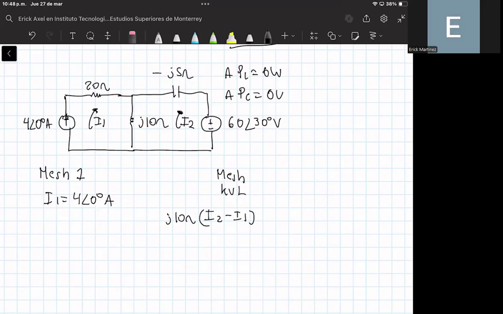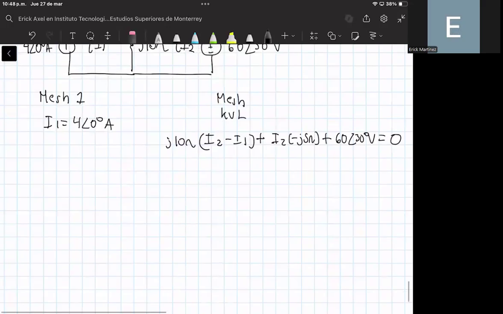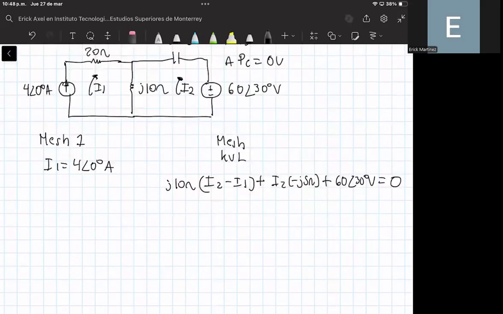Remember that the current that flows through this inductor is equal to the difference in currents between mesh number 2 and mesh number 1, plus I2 times the value of the capacitor, that is minus j 5 ohms, plus 60 with an angle of 30 degrees volts, and this is equal to 0. So this is the result of the Kirchhoff voltage law.